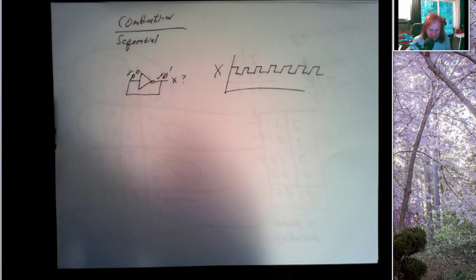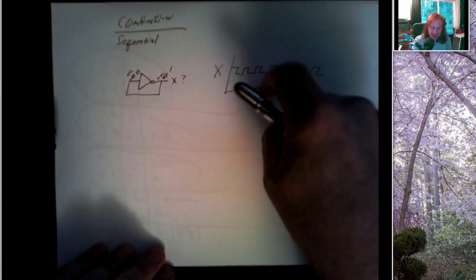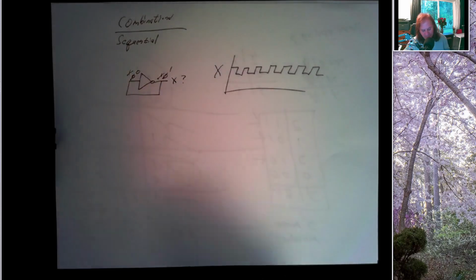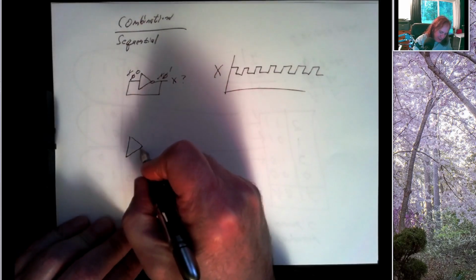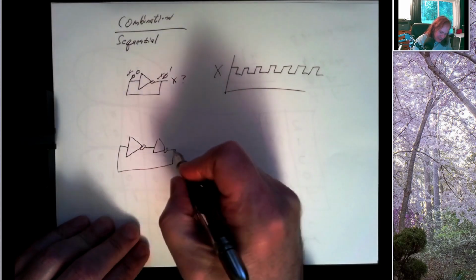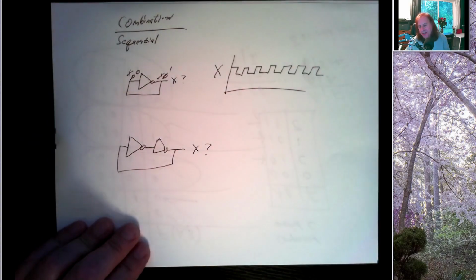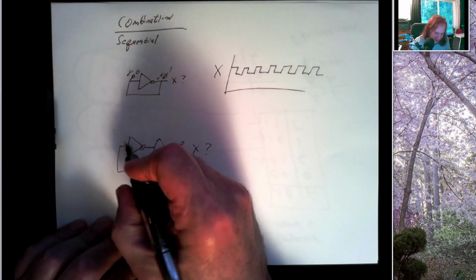Now in practice, if I actually take an inverter and hook this up, this doesn't happen. But if I take 3 inverters and hook them up in a chain, I'll actually get this. It'll be a really sloppy waveform, but it'll oscillate back and forth, and you can see that on an oscilloscope. But if I build a similar circuit using 2 inverters, we've got a very different situation. So what is the value of X here? Well, I don't know, but suppose X is a 0. Then I have a 0 coming in here.